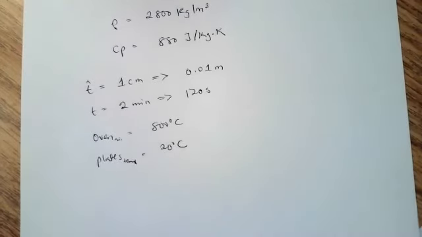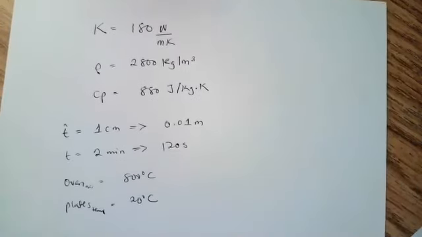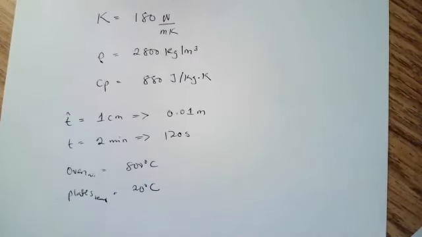Now, this question, if you're heating up plates in an oven, then you have to know how much of this energy you're losing, how much of the energy is being retained by the plates, and how much of the energy is being lost to the environment, to the walls of the oven. In the question, we've also been given the properties of the walls of the oven.